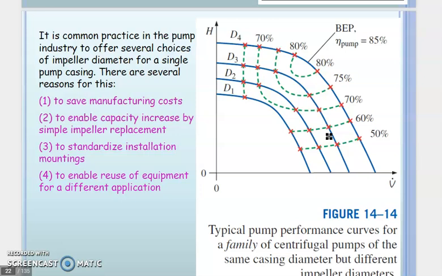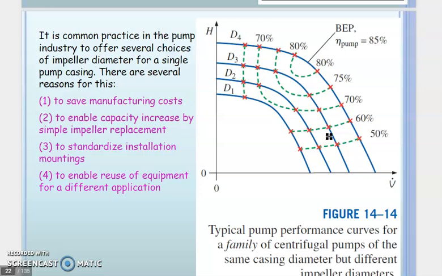So normally what we do is we're going to have the same casing, same pump casing, same base with the same screw, which is to position the pump. Okay, that one is going to be standardized.